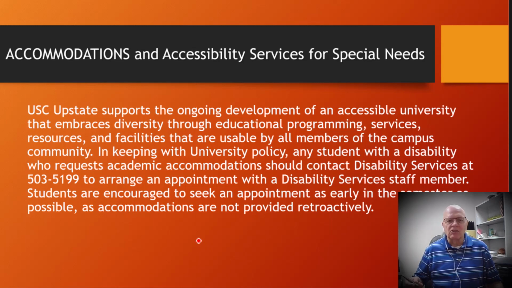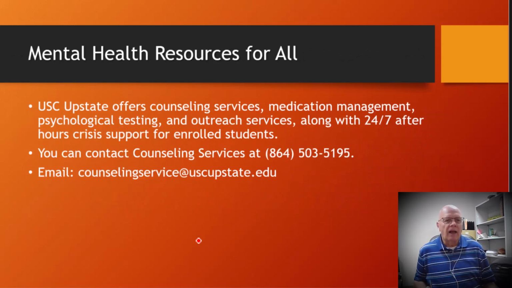So if Disability Services is one place you haven't gone to yet, check with me first. We can get anything started that you need. And that includes mental health resources. Very, very important. There's an email for you and a phone number. Use it.